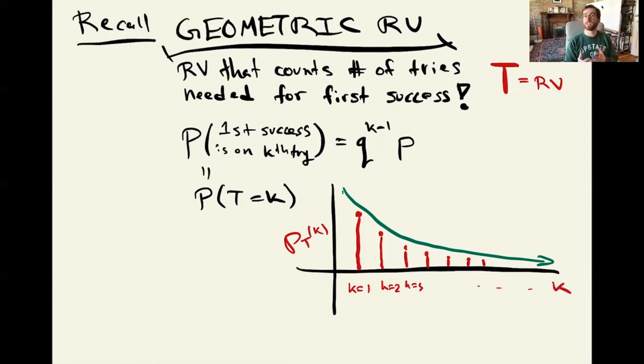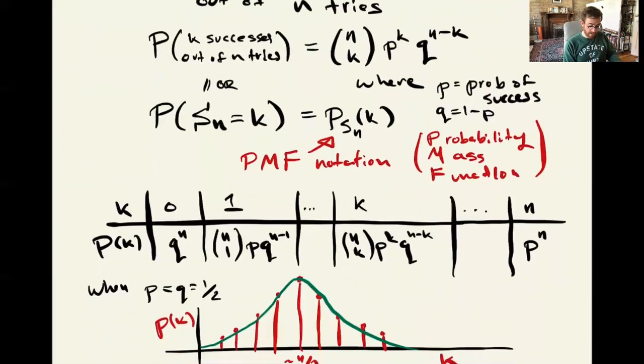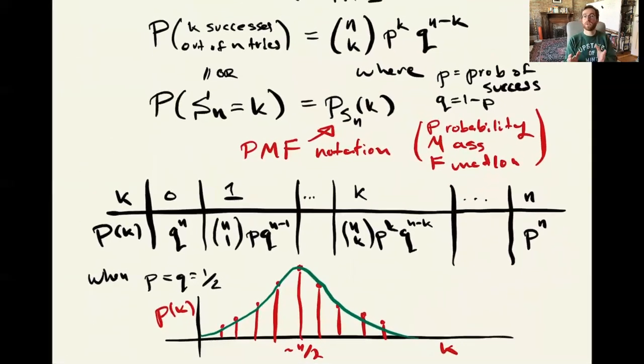Now, it's really nice to look at these pictures here. So just to go back, here I'm looking at two very particular situations. I'm essentially repeating a single task which has one of two possible outcomes, success or failure. And in the binomial case, I'm looking at n tries and I'm counting the number of successes. And it turns out that there's this general formula which uses these choose coefficients.